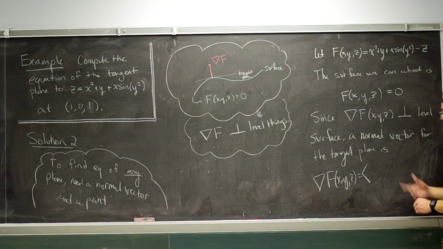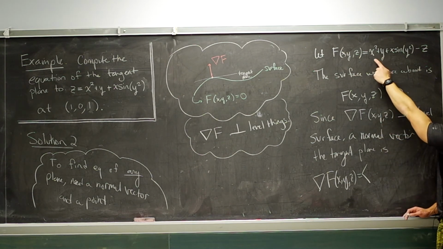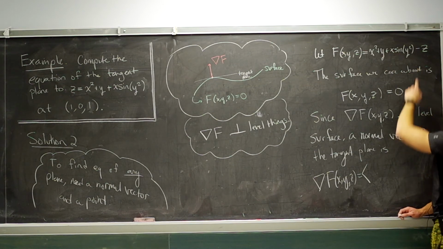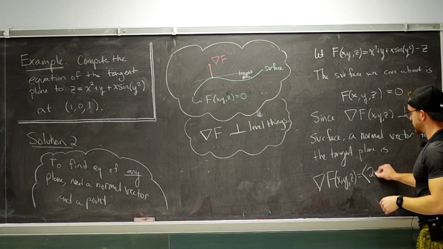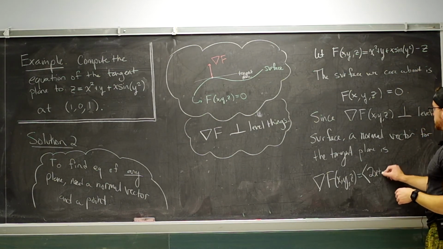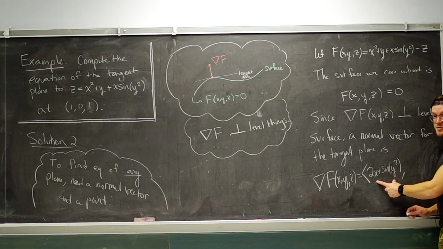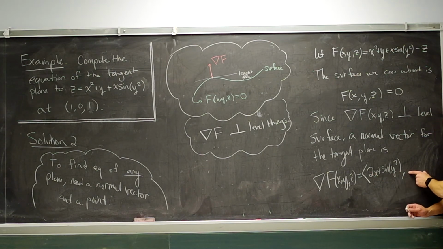So let's compute that gradient. We actually already have the x derivative from the first part, but let's just do it again. What's the x derivative here? It'll be 2x plus sine of y squared plus 0. Same as the x derivative from the first part, no coincidence there. The y derivative will also be the same.